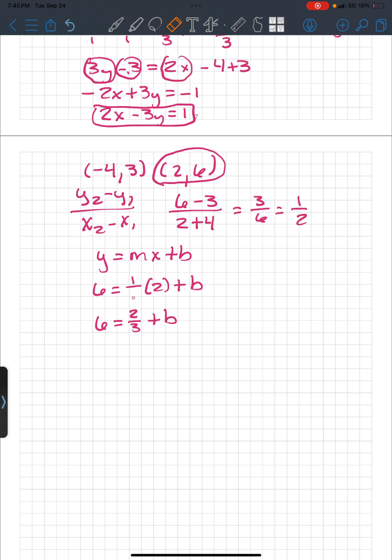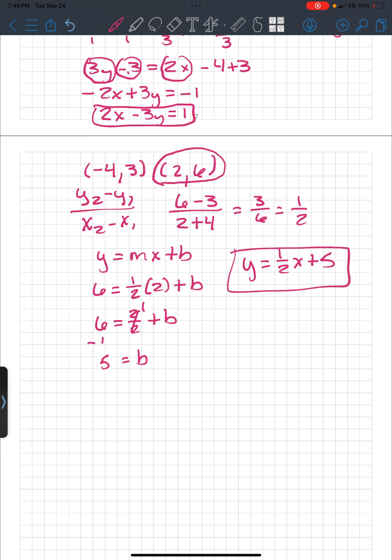Will make our life easier. Now, we don't have to get rid of the fraction. 2 over 2 becomes 1. So now, since 1 is positive on the right, we have to subtract over here, and we get 5 equals b. All right, so now we're going to go y equals, what is our slope? 1/2 x, and our b is 5.